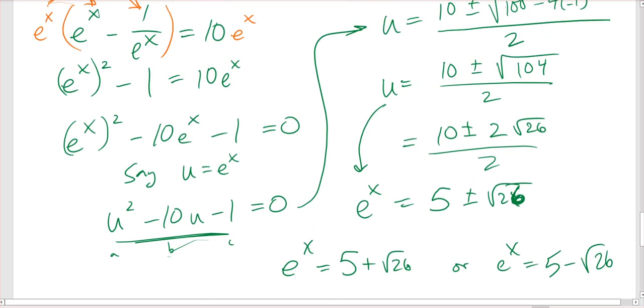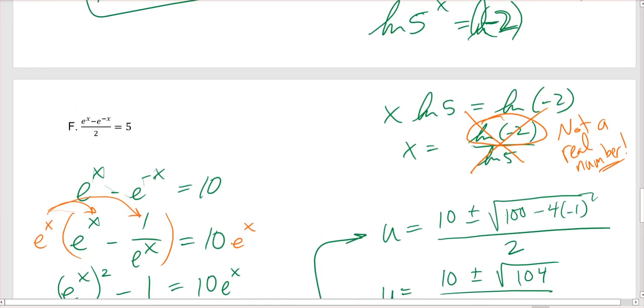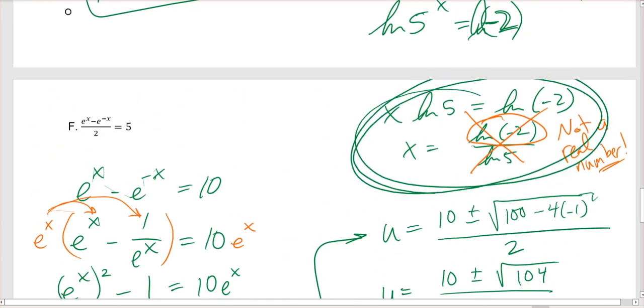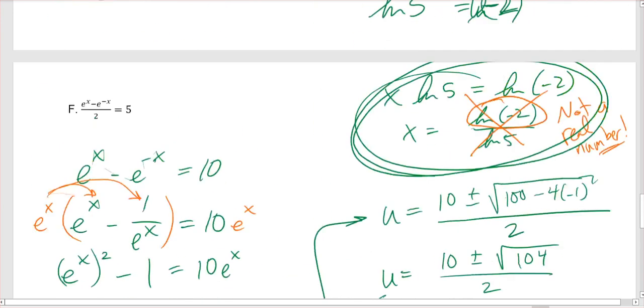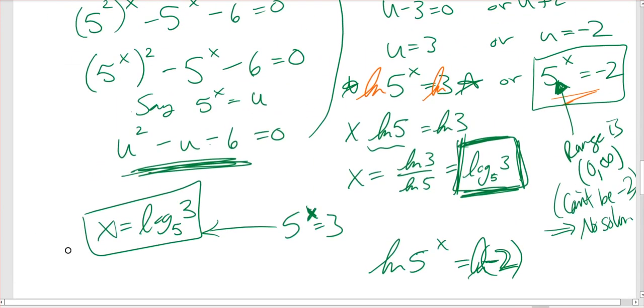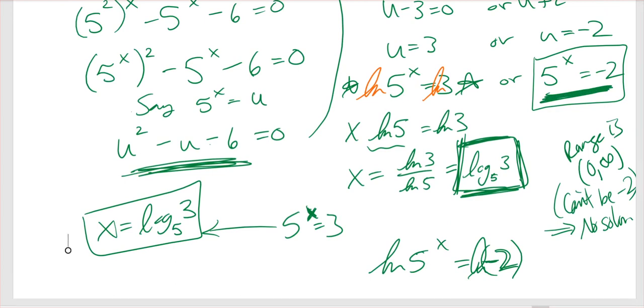Now let's think about this in the context of what we just did, the one where 5 to the x equals negative 2. That cannot have solutions because we know that 5 to the x is bigger than 0. So in particular, it can't be negative 2, because that's less than 0.